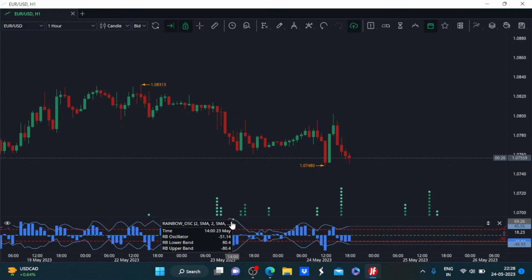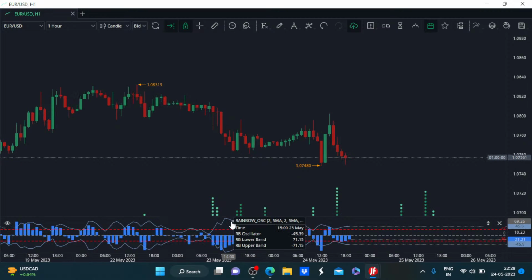In a nutshell, we use the strength of the momentum, and we try to combine that with this overbought and oversold situation. So using these two interpretations of the yesterday's indicator, the rainbow charts, we can figure out these opportunities.